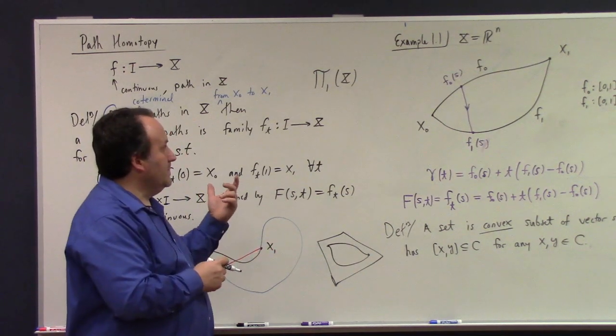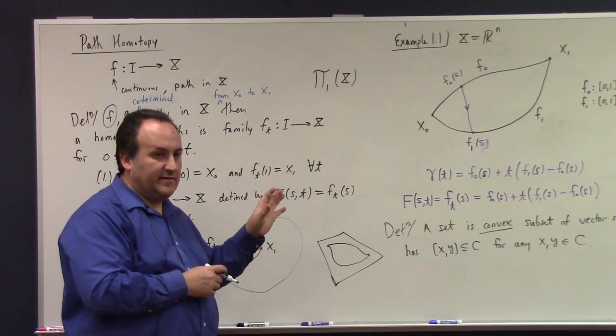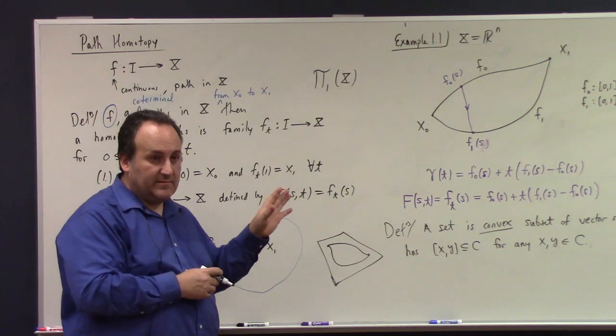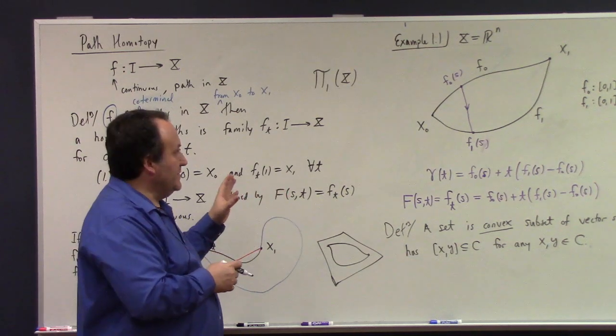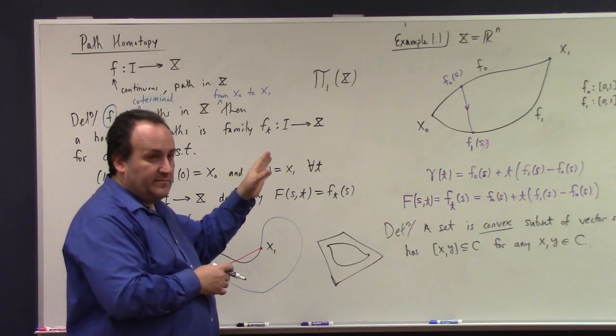And this allows us to carefully and technically define the term simply connected. We're going to see that what it means to be simply connected is that the fundamental group is trivial.